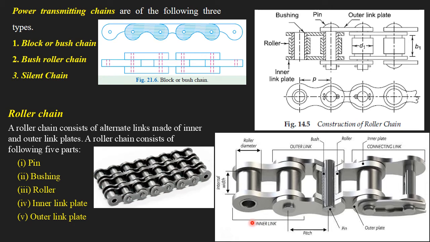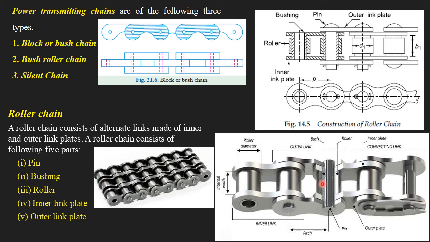And as you can see in this particular place, there is a bush present. Bushing is present here, and on the circumference of the bushing we will be placing a roller. Why is the roller provided?